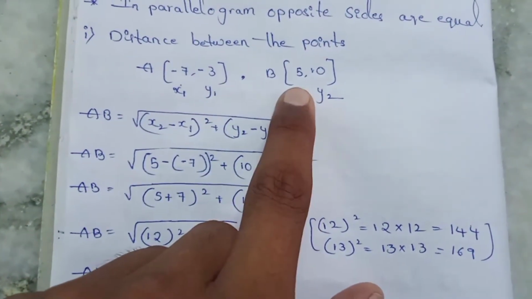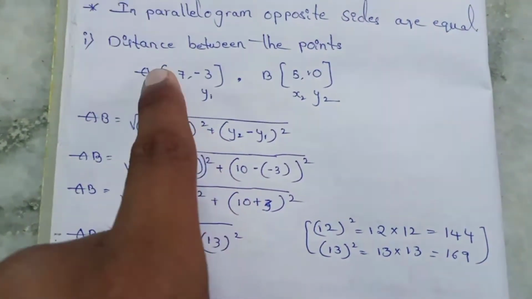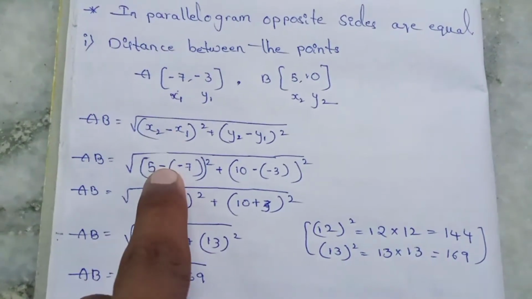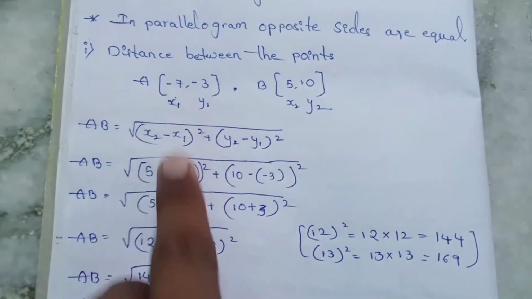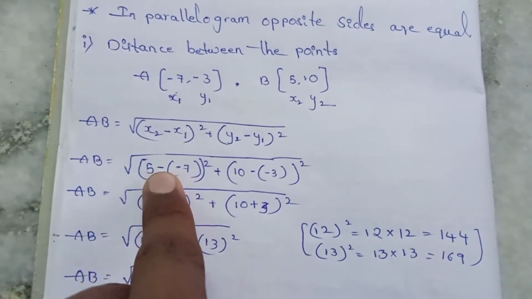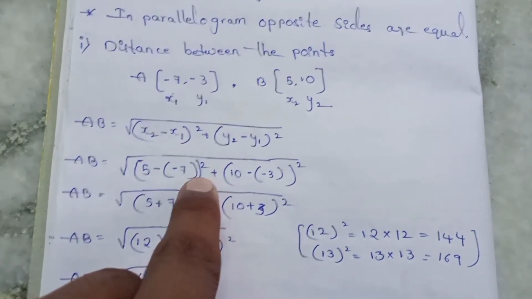Now x2 minus x1. What is x2 here? 5. x1 is minus 7. So here two minuses are coming, so to avoid confusion I have drawn brackets.